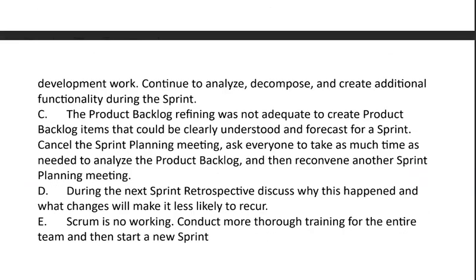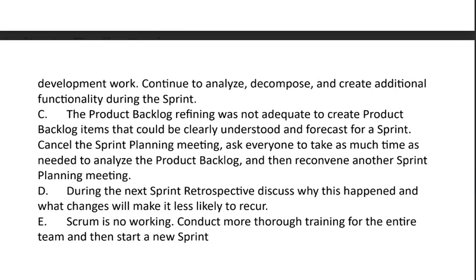Option C, the product backlog refinement was not adequate to create product backlog items that could be clearly understood and forecast for a sprint. Cancel the sprint planning meeting. Ask everyone to take as much time as needed to analyze the product backlog and then reconvene another sprint planning meeting.